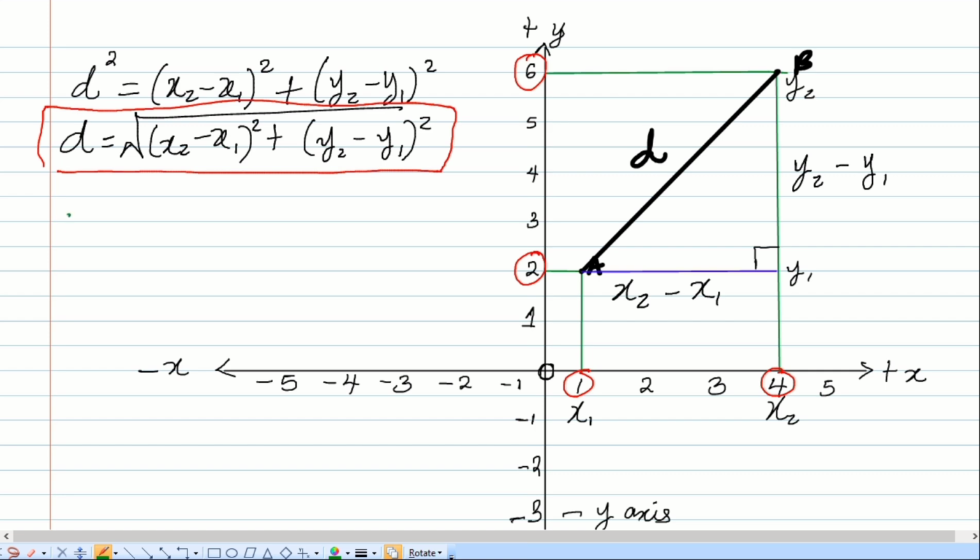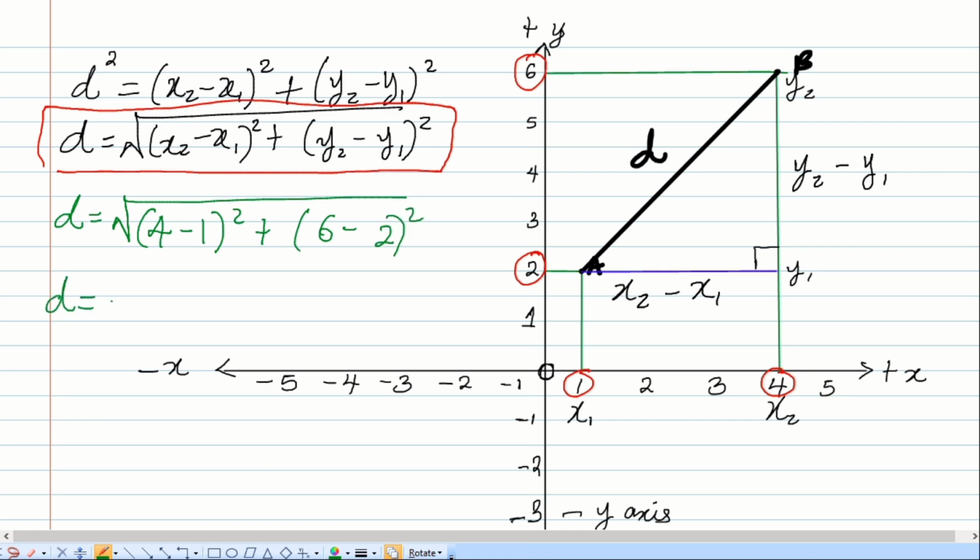So our d, which is the distance, would be the square root of x subscript 2, the second value of x, which is 4, minus the first value of x, which is 1, all squared, plus our value of y2 would be 6 minus 2, all squared.